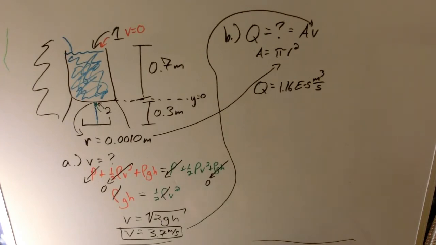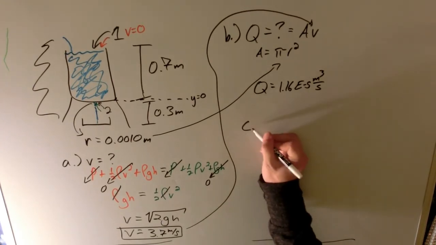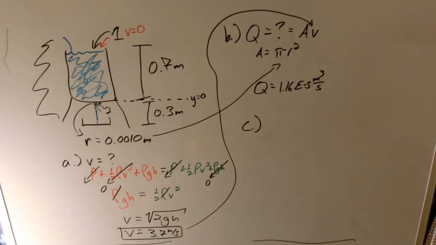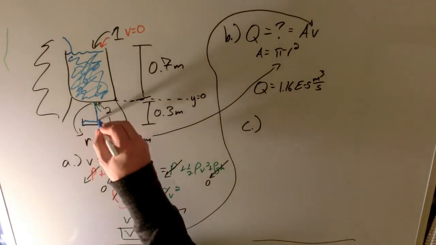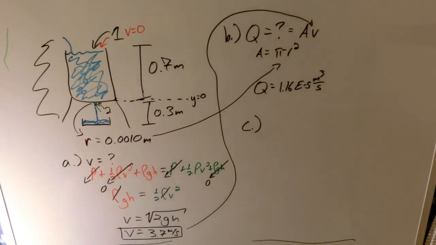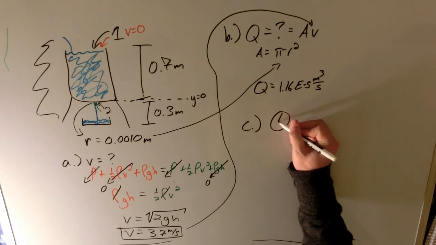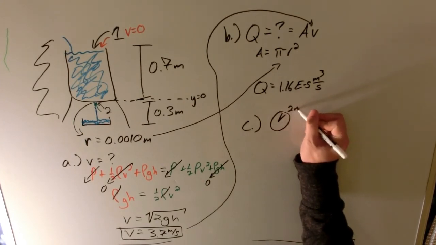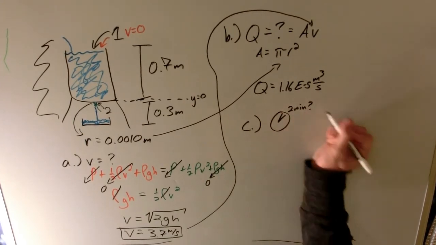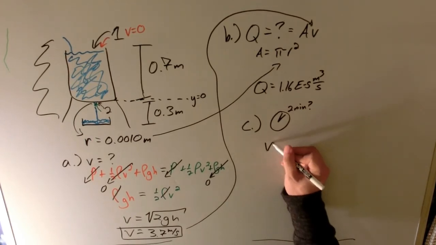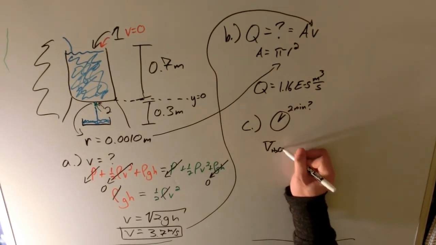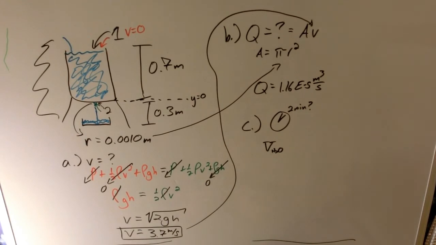And then finally, with this flow rate, I want to know how much water is collected in this dish down here if I let the clock tick for 2 minutes. Okay, so we want a volume of water collected in 2 minutes. Well, we've got our flow rate.